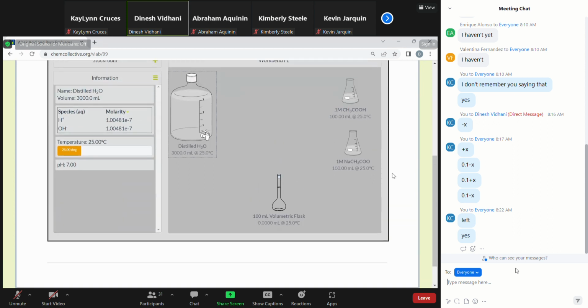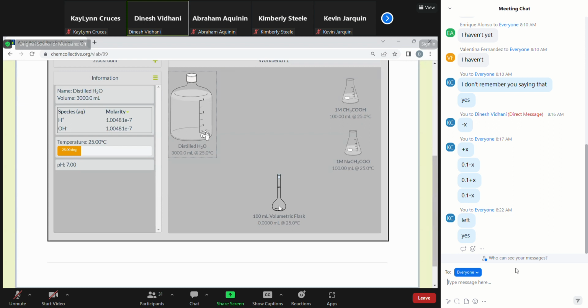So, guys, right now we have a 100 milliliter volumetric flask, right? And I want to make a mixture of acetic acid and sodium acetate, which is your acetate salt, which should be 0.1 molar. How much acetic acid should I add in this 100 ml volumetric flask?